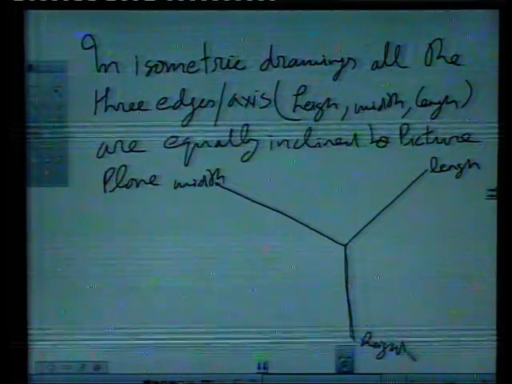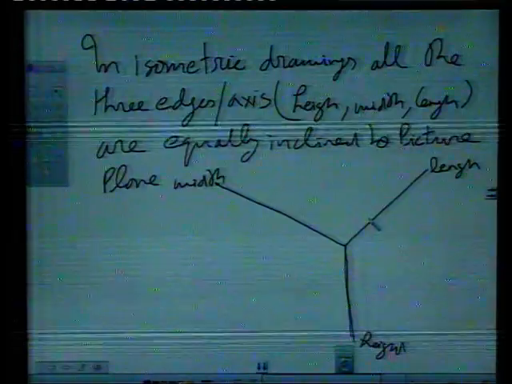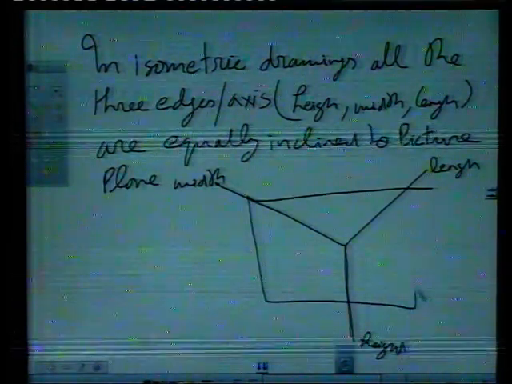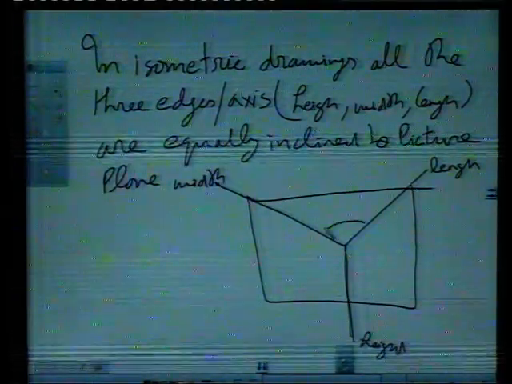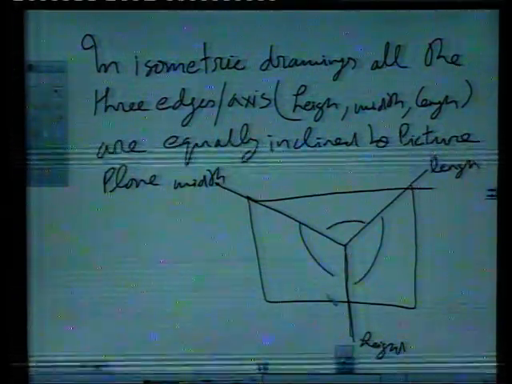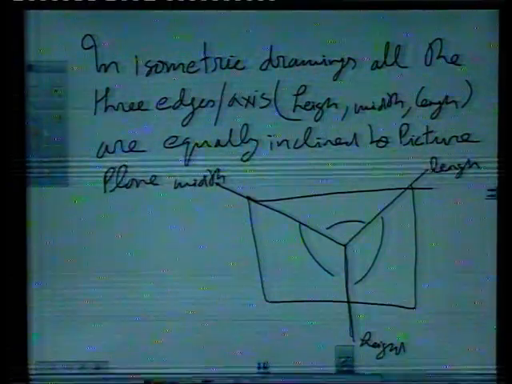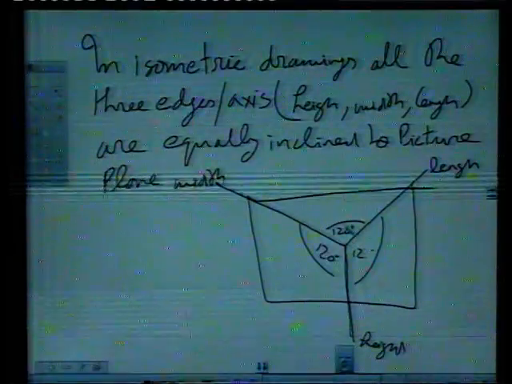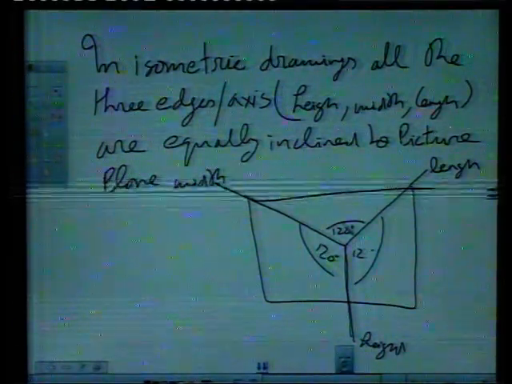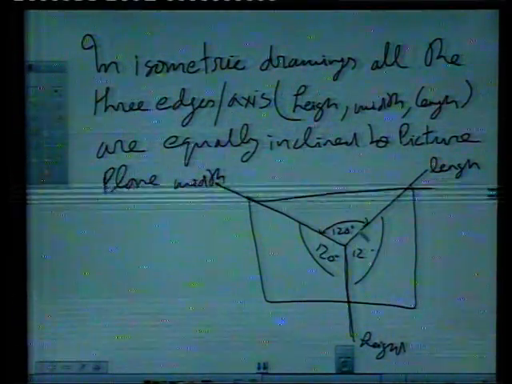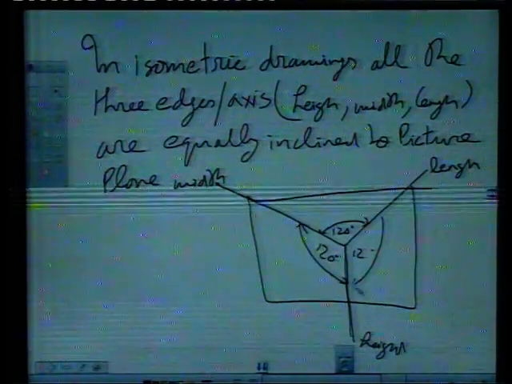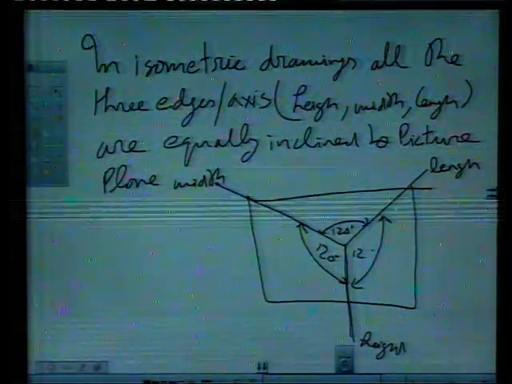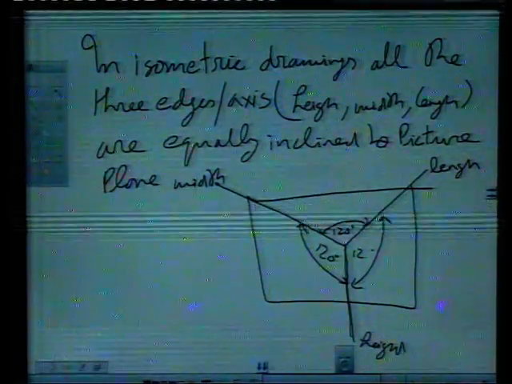All these axes are equally inclined to the picture plane. If this is the picture plane, all these angles are 120. All the axes are equally inclined to the picture plane. I hope this point is also clear.